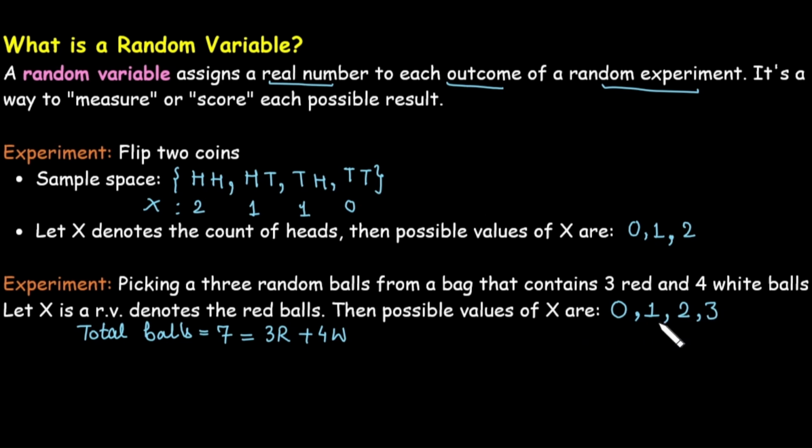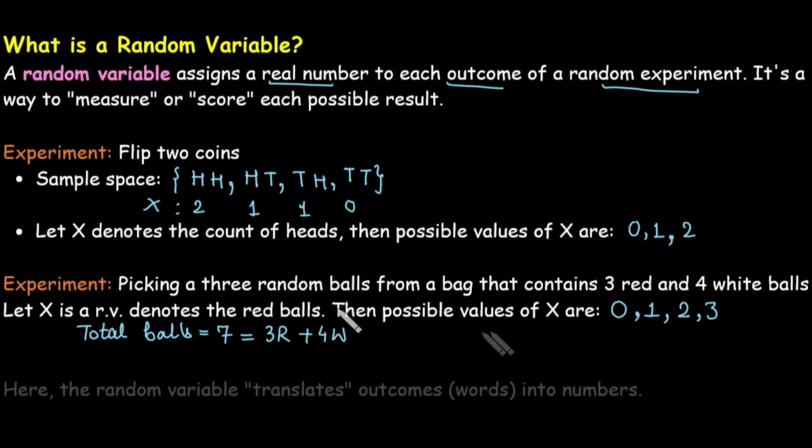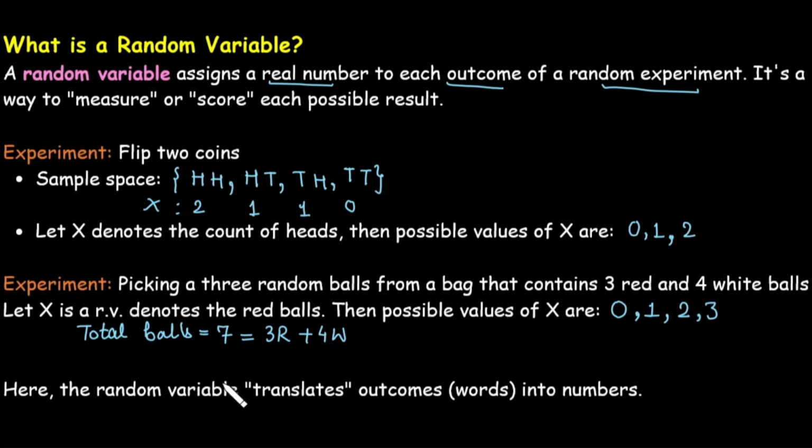So these are the possible values of x, where x is a random variable that counts the number of red balls. Basically random variable translate कर रहा है हमारी हर outcome को into a number, or we can treat it as a function.